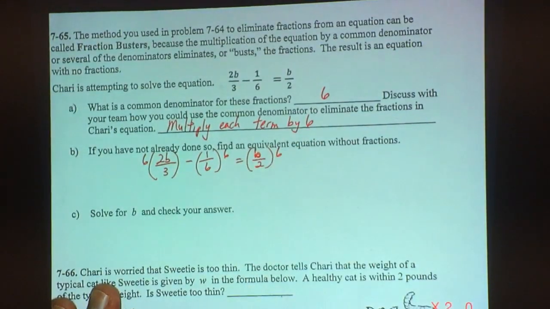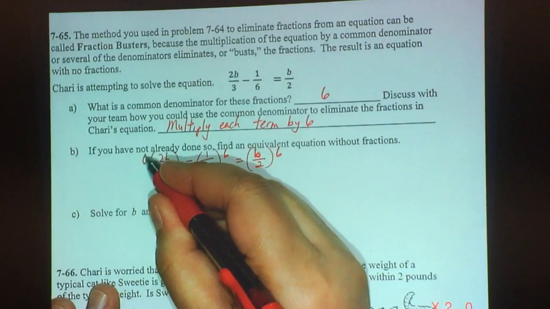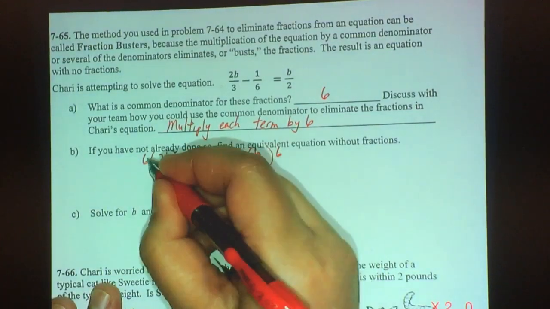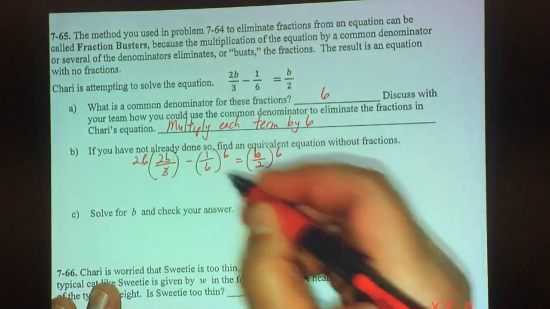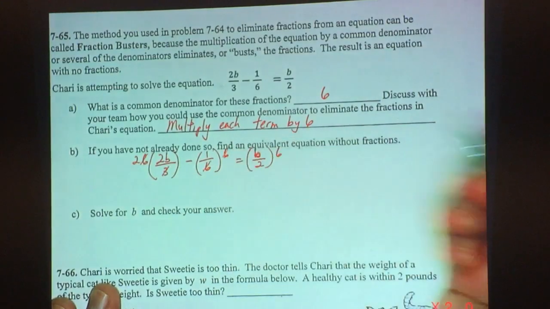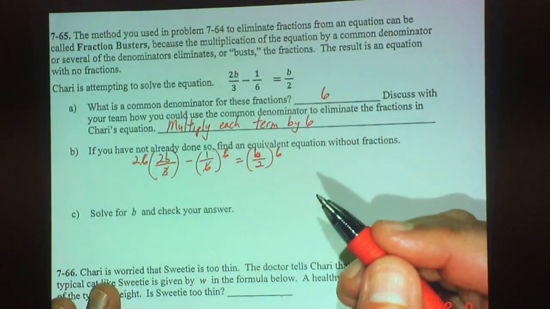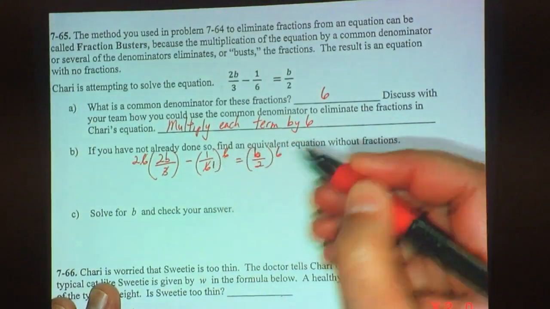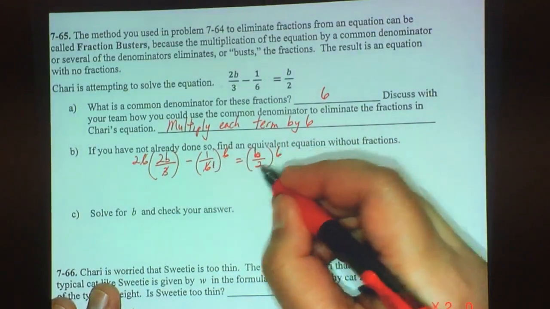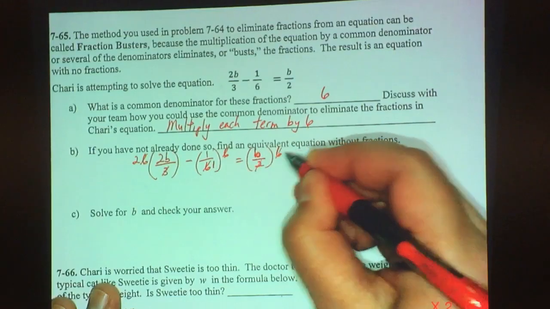All right, so here we go. 6 divided by 3 is 2, so this becomes 2. This is my giant 1. Yeah, so this becomes a 1 down here. Okay, so 6 divided by 2 is 3.